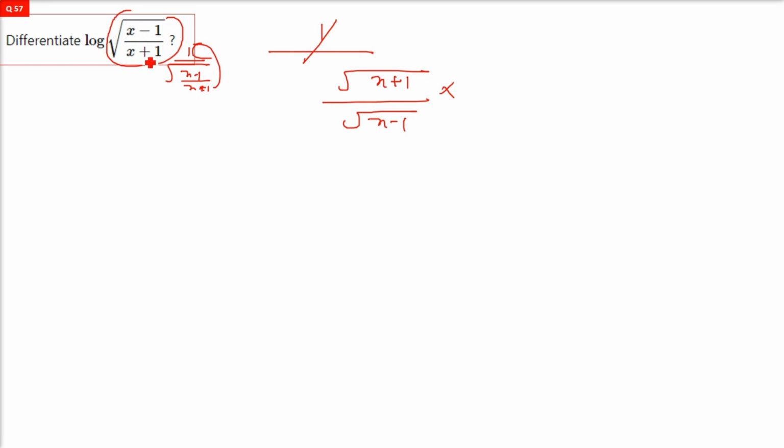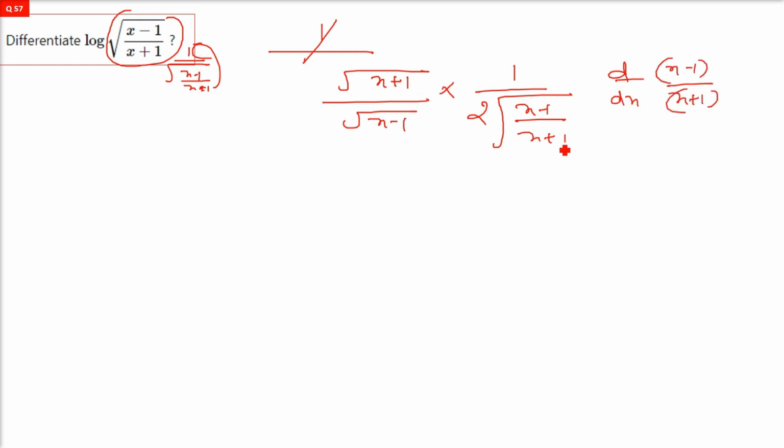Now the differentiation of under root x minus 1 by under root x plus 1. Anything in the root gives 1 by twice of under root of that thing. So you have this now, and d by dx of x minus 1 by x plus 1.